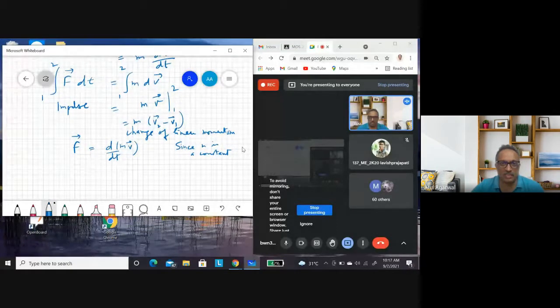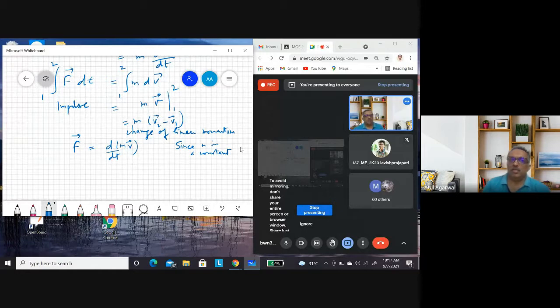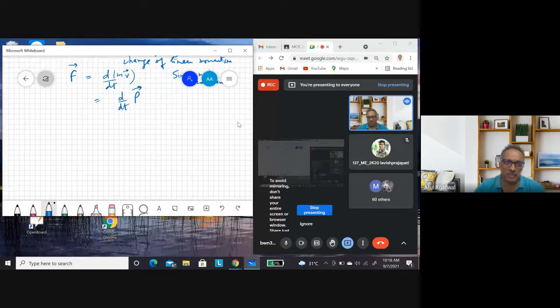Mass is neither destroyed nor created. It doesn't depend on the reference system. And this term mv is known as linear momentum. You can represent it by the term p. So this is Newton's second law, as you know: the force applied to a particle is equal to the time derivative of its linear momentum.